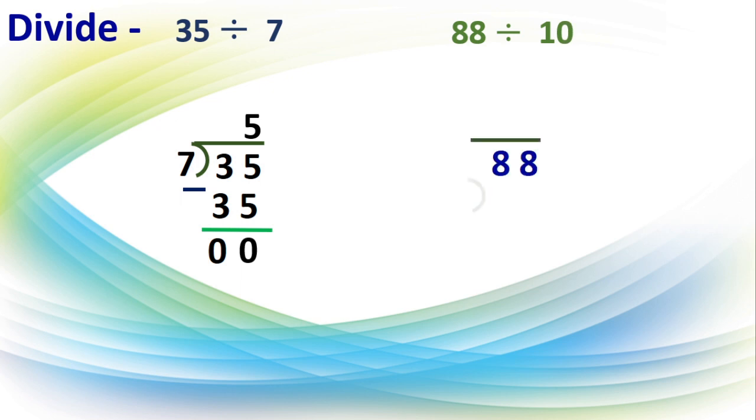So, you know 10 7s are 70, 10 8s are 80, 10 9s are 90. So, we will go for 10 8s are 80. Correct? Now, 88 minus 80 is nothing but 8. So, here 10 is the divisor, 88 the dividend, 8 the quotient, and this 8 is the remainder. Right?